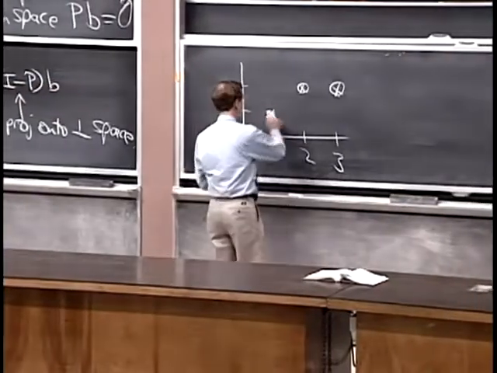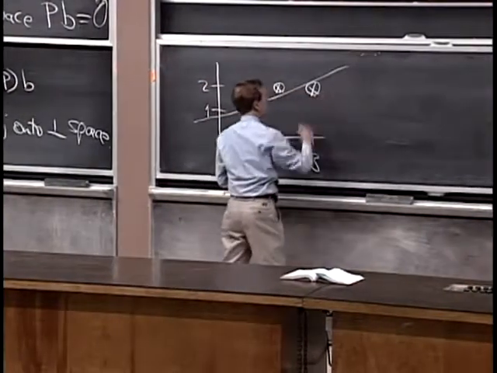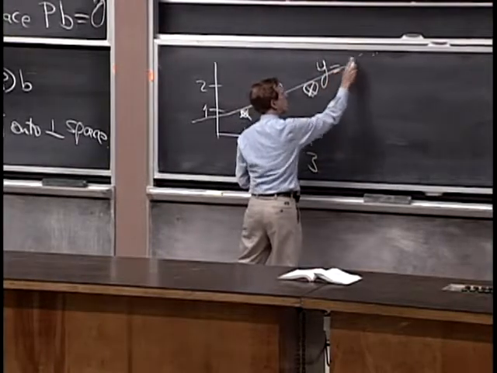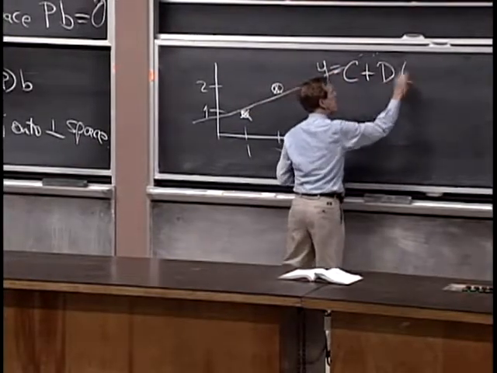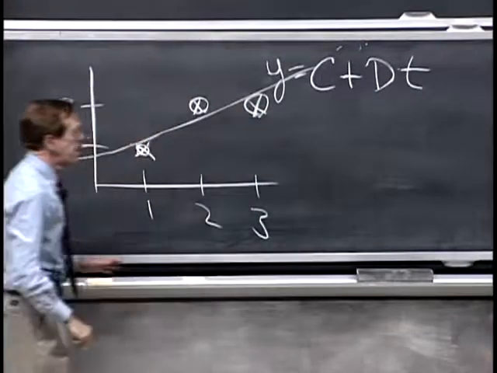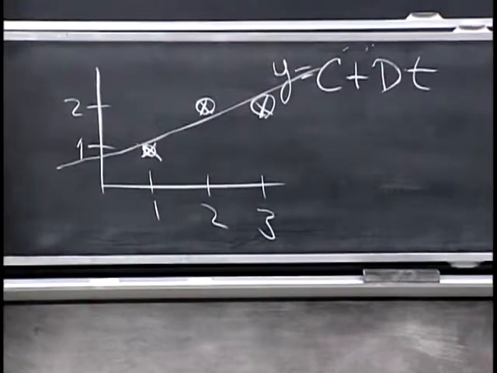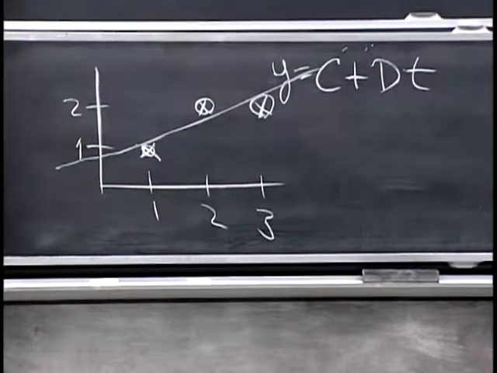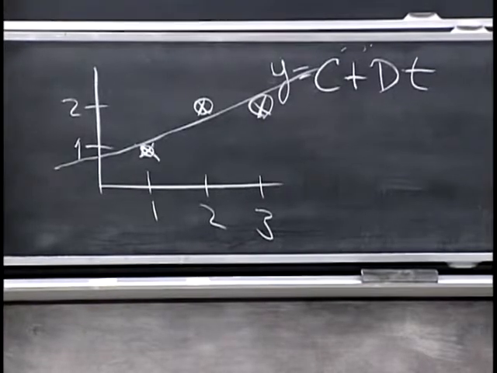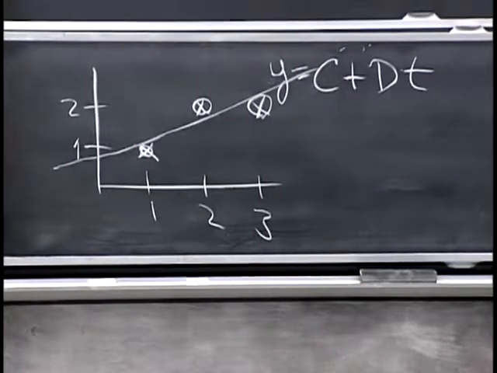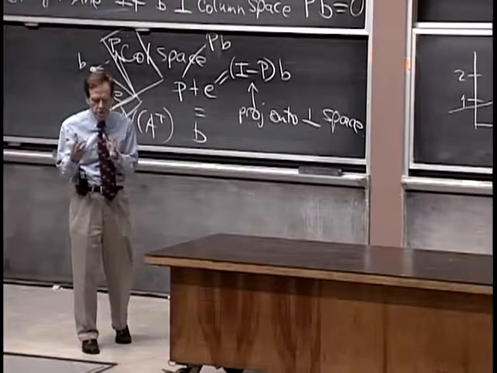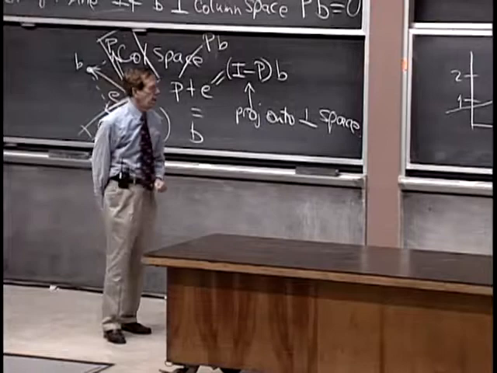So I'm looking for this line, y equals c plus dt, and it's not going to go through all 3 points because no line goes through all 3 points. So I'm going to pick the best line, the best being the one that makes the overall error as small as I can make it.